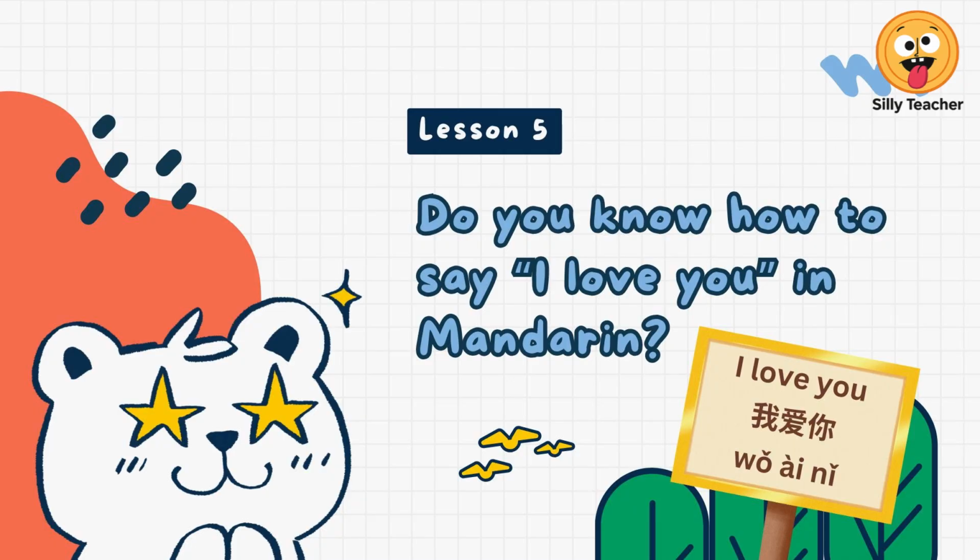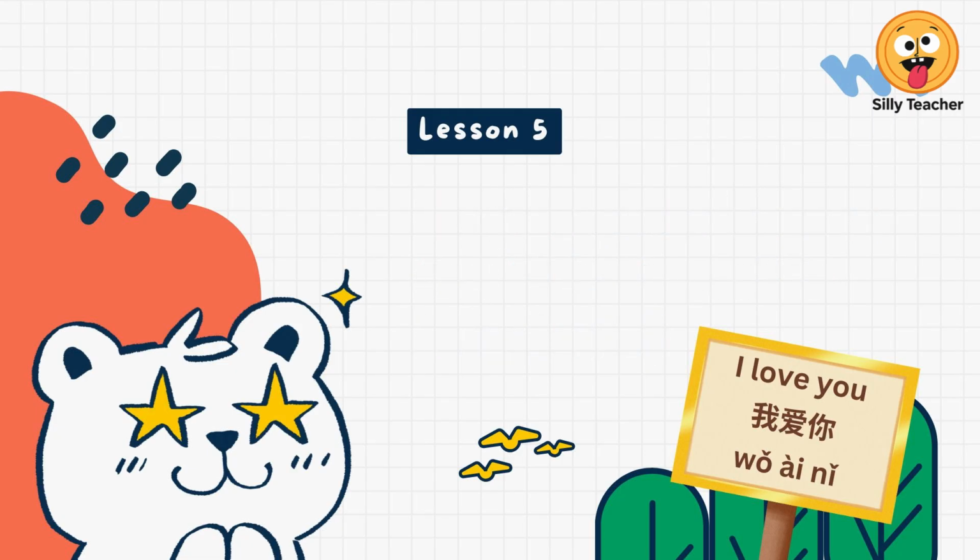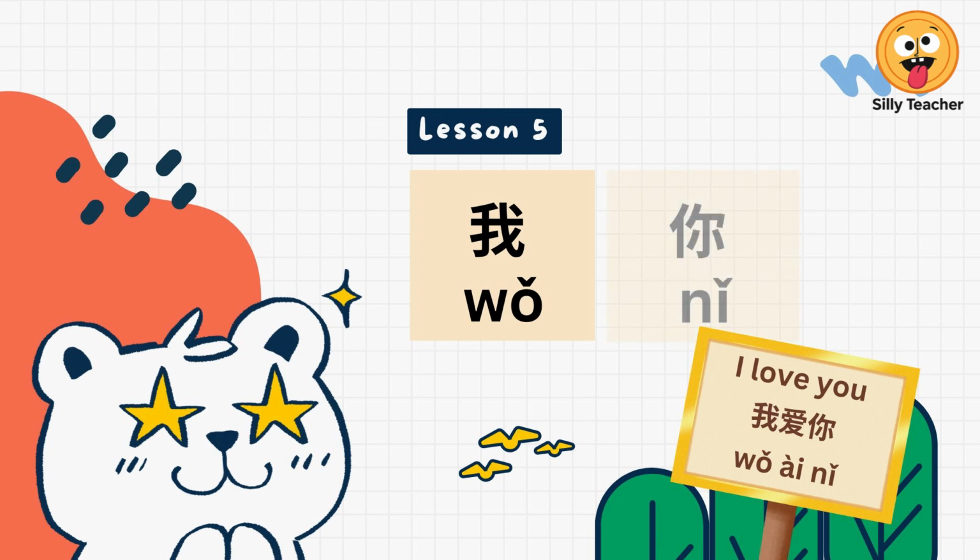Now let's take a closer look at this phrase. In 我爱你, we already have two very important words that are related to today's topic. The first word is 我, which means I. And the second one is 你, which means you. So today, we are going to build on what you already know.